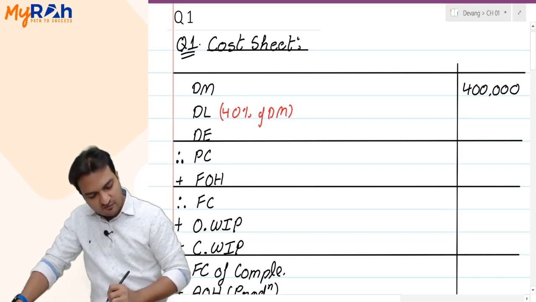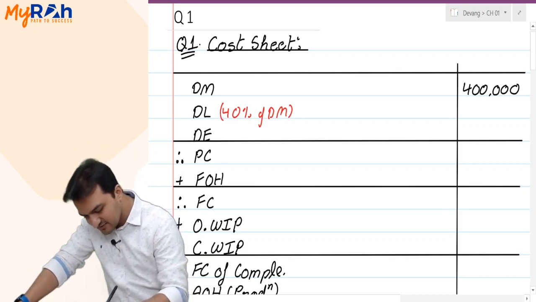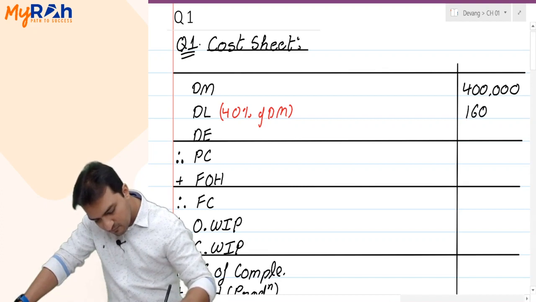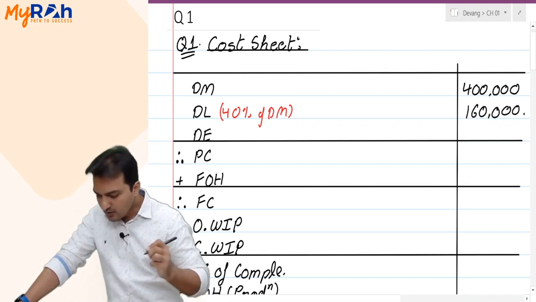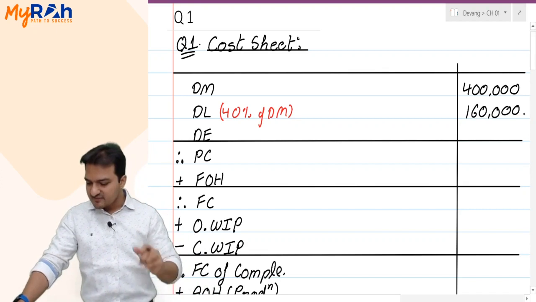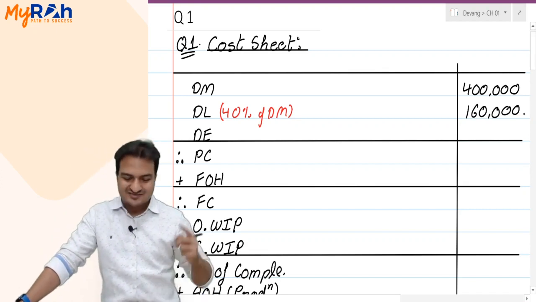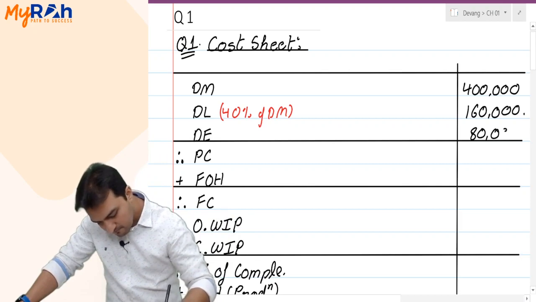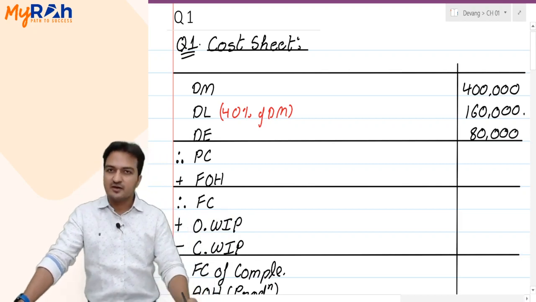So direct material 4 lakhs, 40% of that, 1,60,000, becomes my direct labor. As per the question, direct expenses is 50% of labor cost. Labor 160, 50% of that, 80,000 becomes the direct expenses.